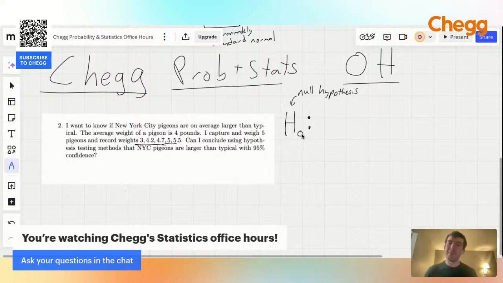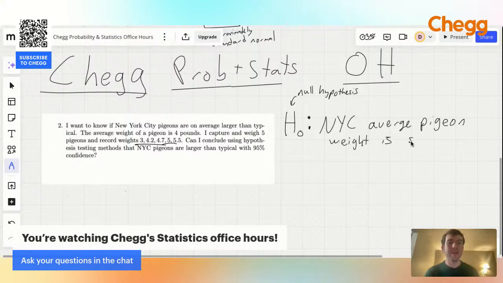So here, the prior, this null case, is that the pigeons in New York have the same average weight as the pigeons in general. NYC average pigeon weight is the same as the population.